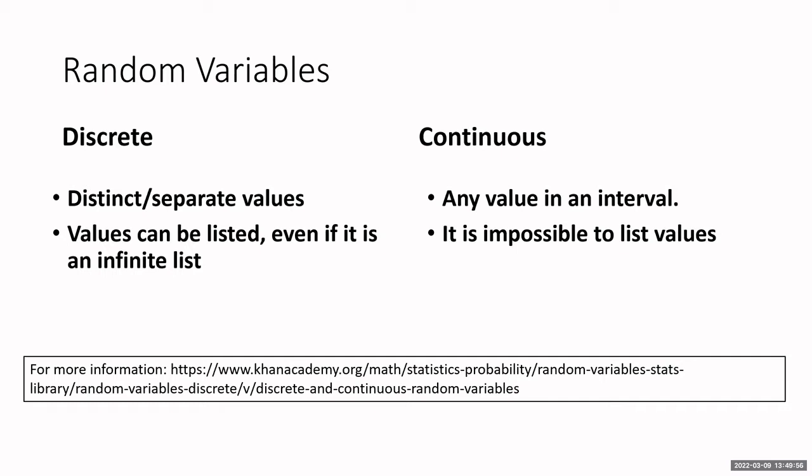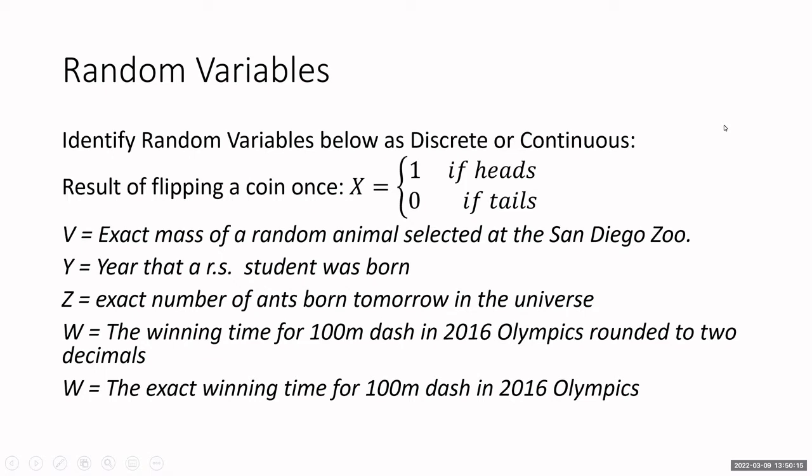I'll give you some examples and explain a little more of what that means. For a continuous random variable, it could be any value in an interval, and it's impossible to list all the values. So let's take a look at some examples.